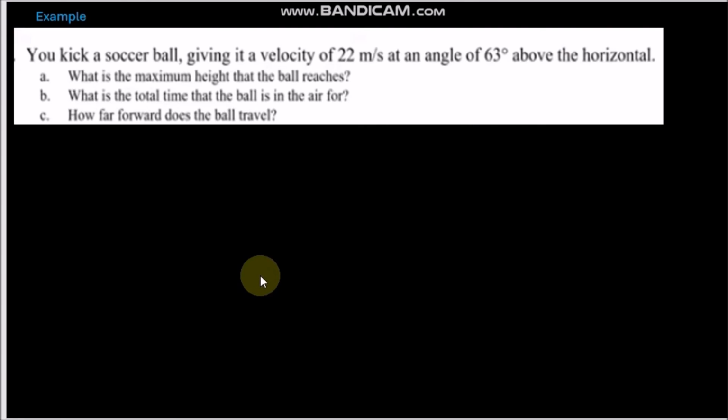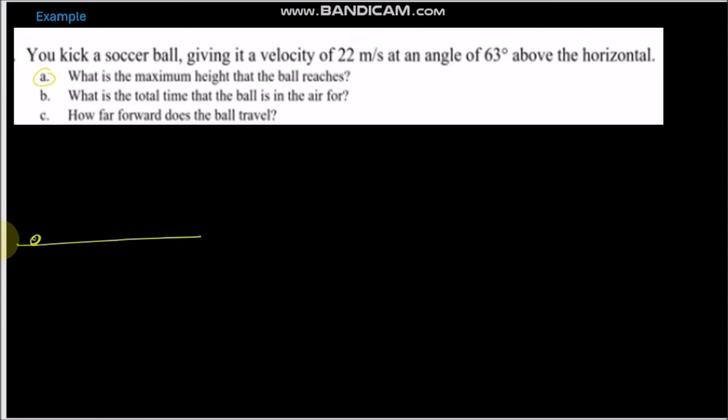Let us see this example. You kick a soccer ball with a velocity of 22 meters per second at an angle of 63 degrees above the horizontal. A, what is the maximum height that the ball reaches? Let me draw here.